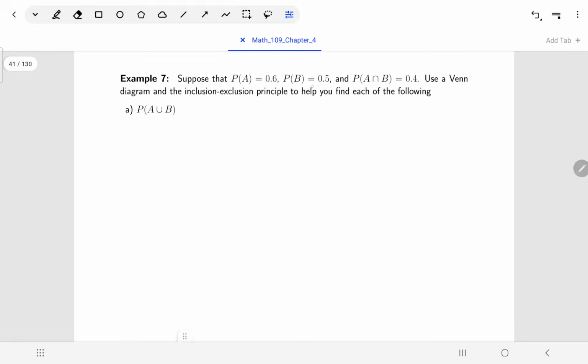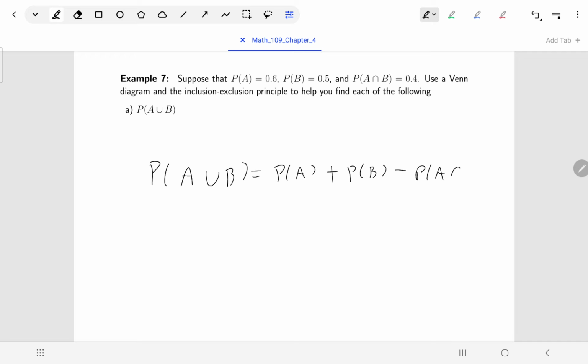We've got three events here, an A, a B, and an A intersect B, where we've got values given to us. For part A, all I'm interested in is finding the probability of A union B. For that, I could just use the inclusion-exclusion principle, because what's inside of A union B should be the probability of A plus the probability of B minus the probability of A intersect B. And I've got all those things.